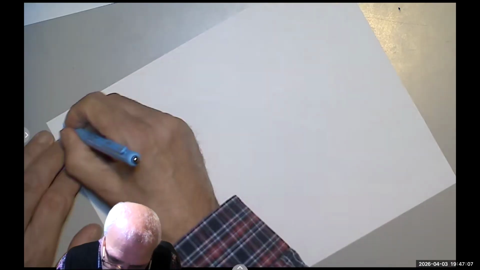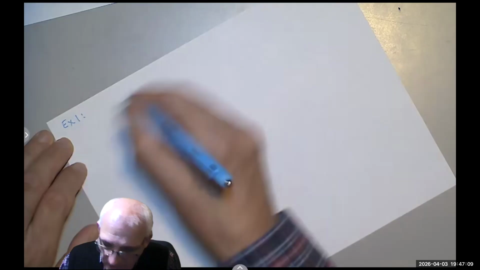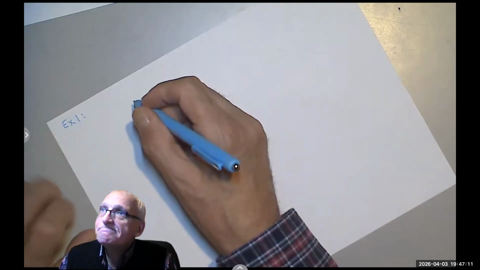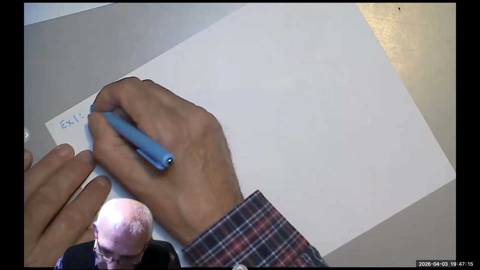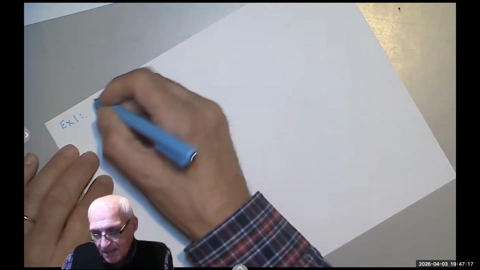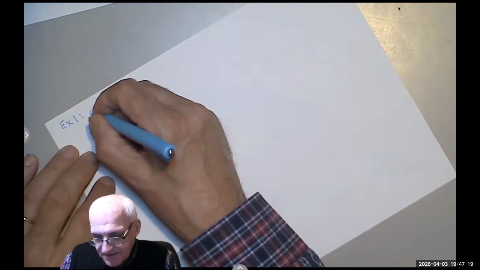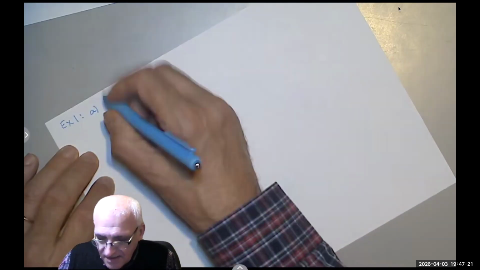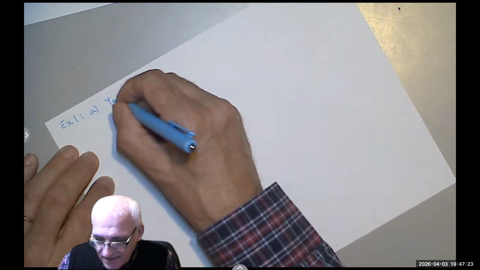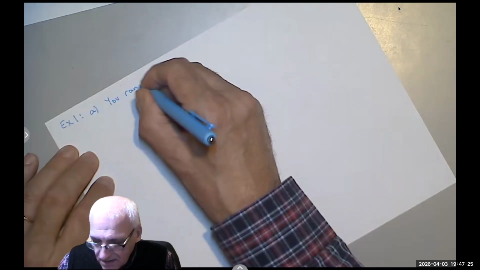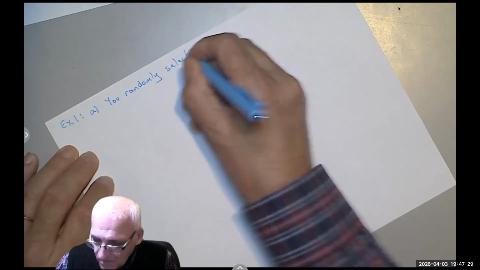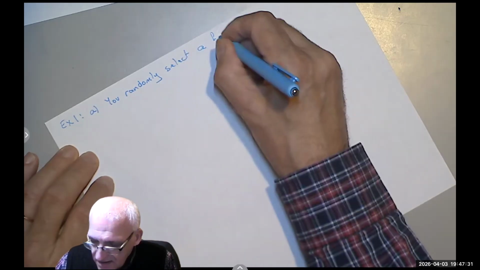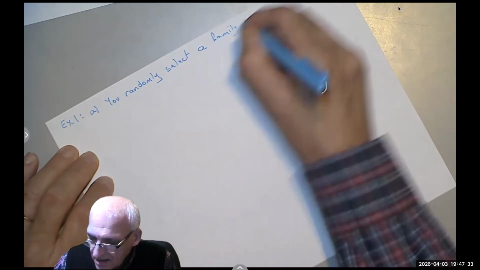Example number one. Let's say, part A of it, you randomly select a family of 3 kids.